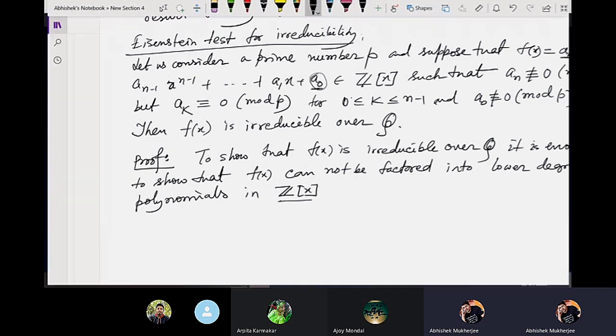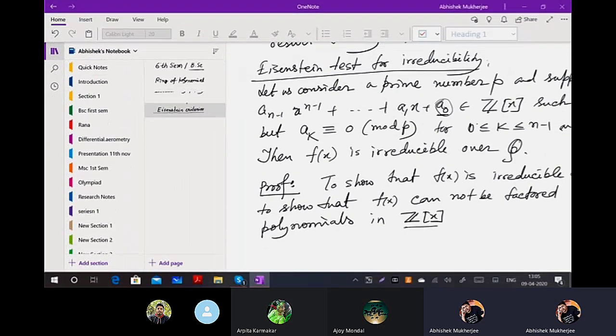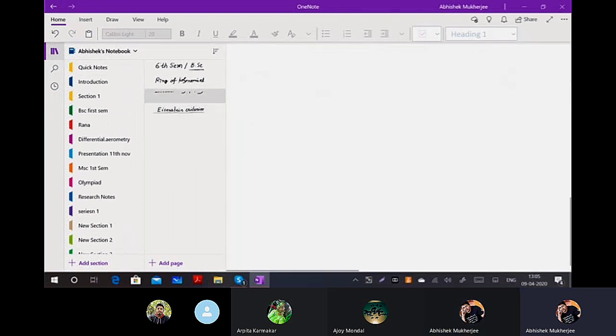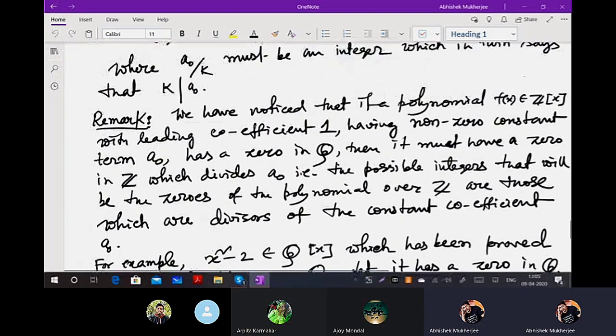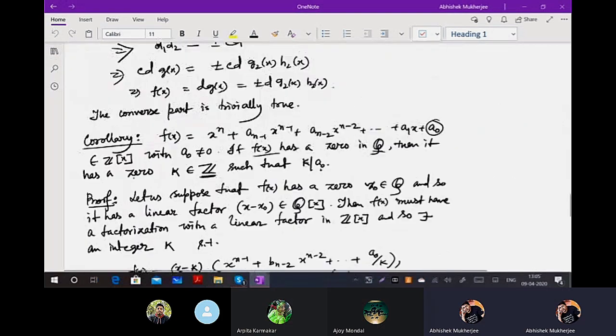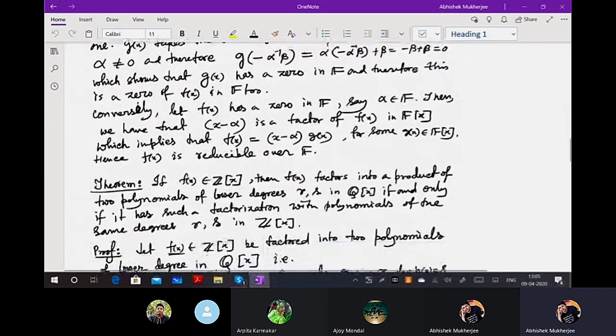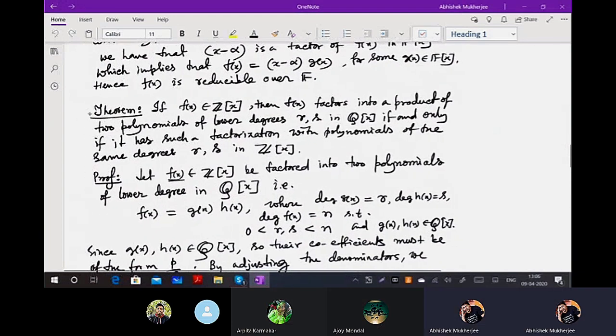The theorem was this one. Let us recall that theorem. That is, if f(x) belongs to Z[x], then f(x) factors into a product of two polynomials of lower degrees in Q[x] if and only if it has such a factorization with polynomials of the same degrees in Z[x].